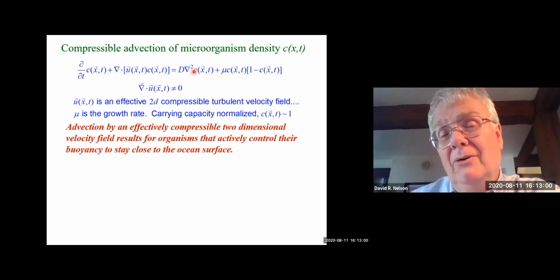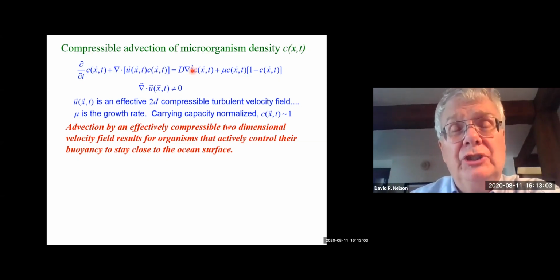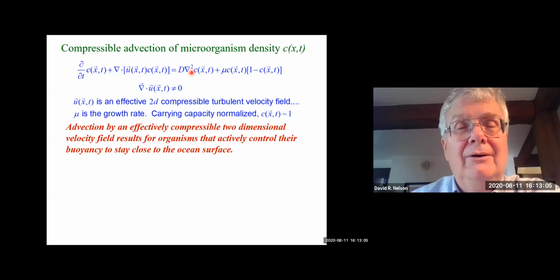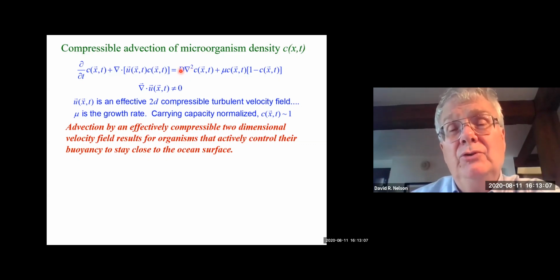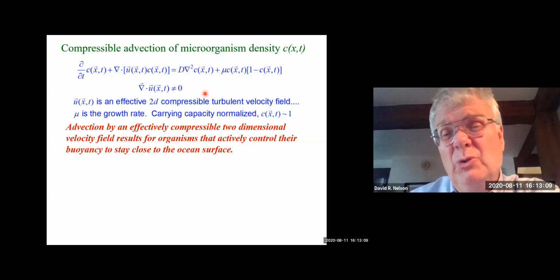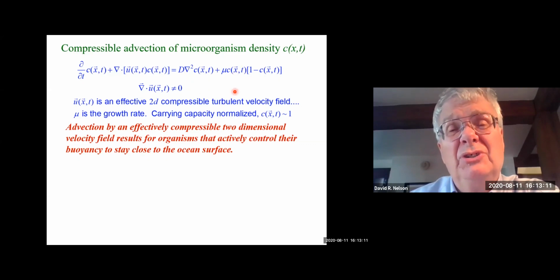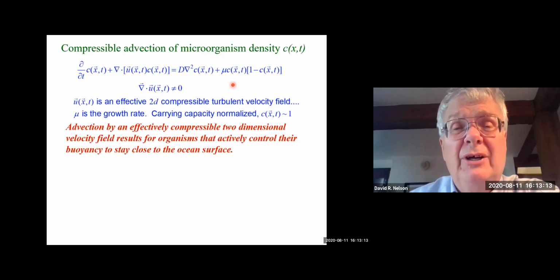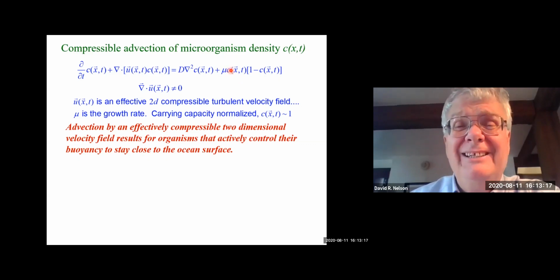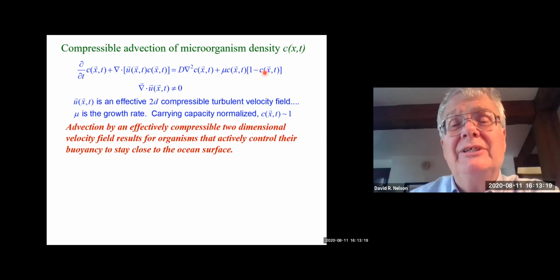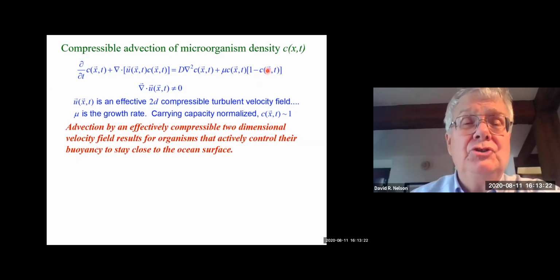They may diffuse around if they have flagella and are swimming randomly. There'd be an effective diffusion constant. But there's also this logistic term, which involves the growth of the organisms at a rate mu associated with their doubling time, and then there's some saturated carrying capacity. Let's assume for the moment we have abundant nutrients.